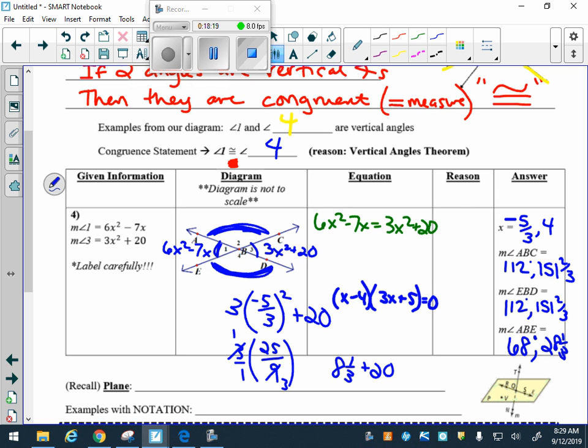And so when we solve, we get this for x. Both work to make positive angle measures, so we have two answers for everything. What's our reason here? Vertical angles theorem. Exactly.